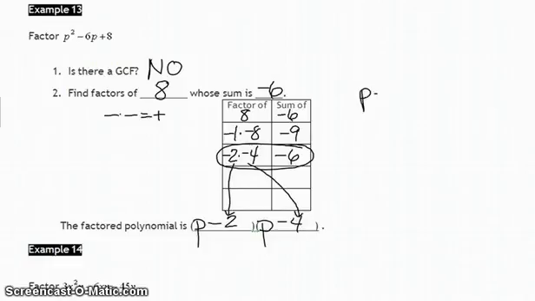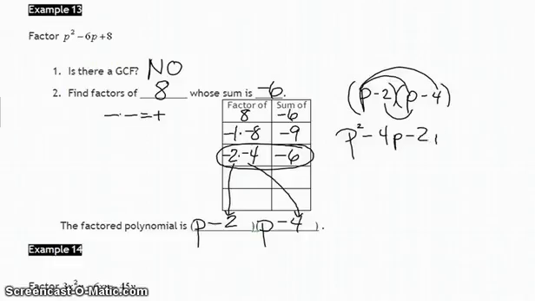I've got p minus 2 times p minus 4, using FOIL, p squared minus 4p minus 2p plus 8. Combine my terms, p squared minus 6p plus 8. I arrived back at my original expression in this case. So the factorization of p squared minus 6p plus 8 is the quantity p minus 2 times p minus 4.